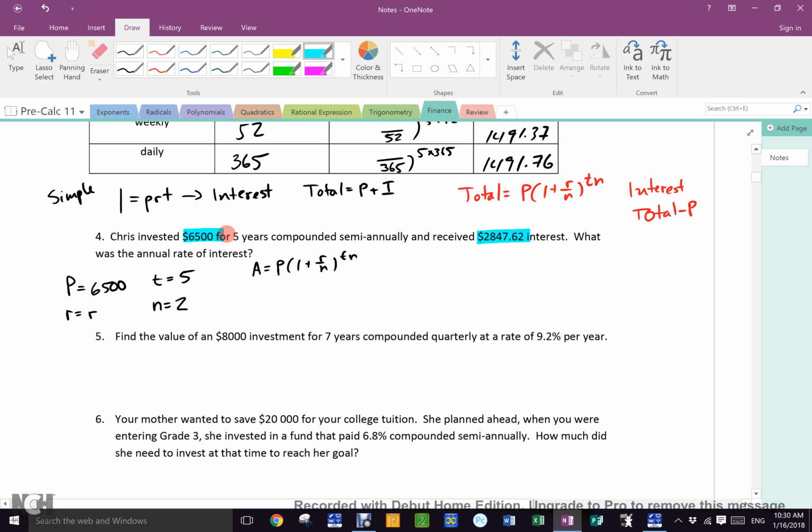So I know that it's 88, 47, 62 plus 500 is 93, 47, 62. I know his principal. 1 plus r I don't know. That's 2. And t times n is 10, right? Can I solve this?